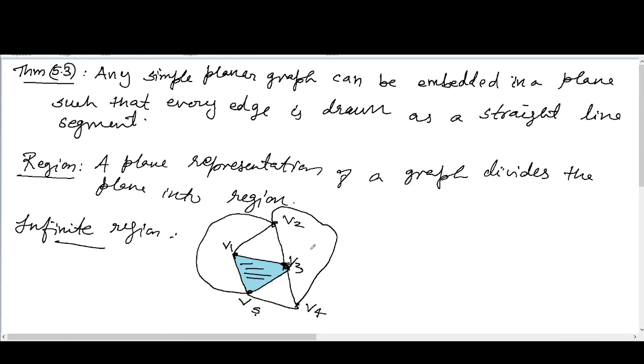Now, we can convert that V1, V3, V5 region into an infinite region as in the second figure. The same graph can be drawn like this also. Here this is V1, V2, V4, here V3 and V5. This is another embedding.